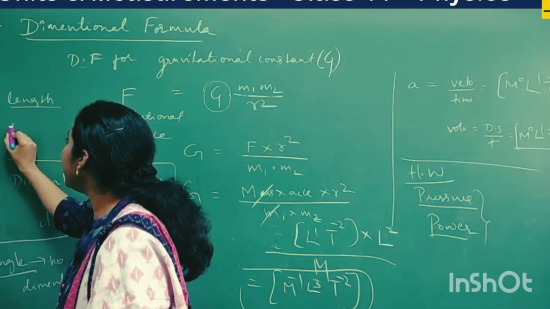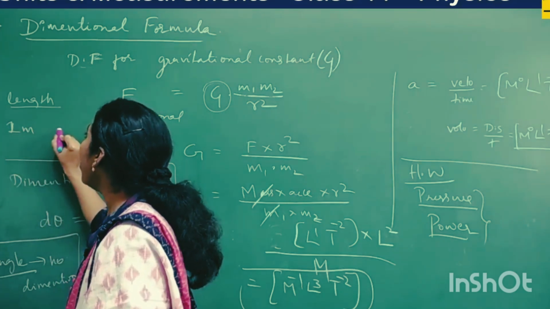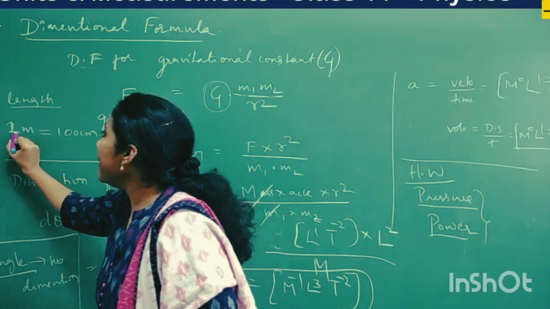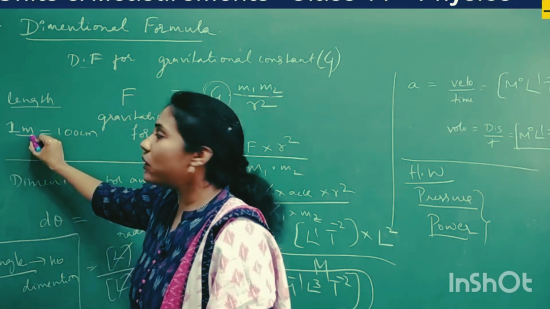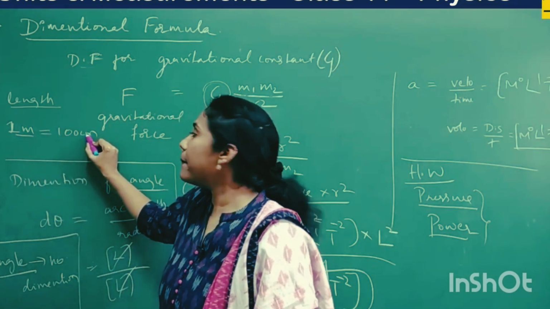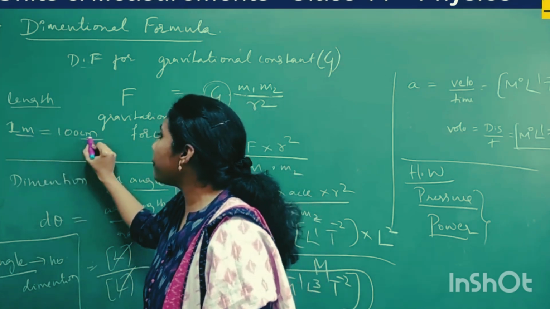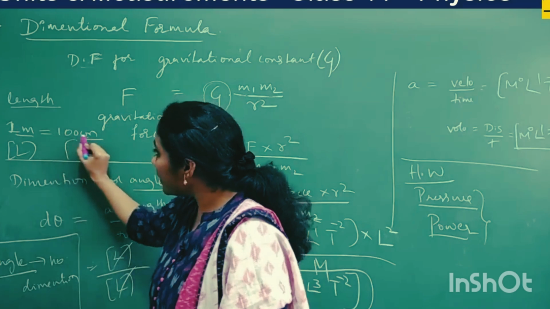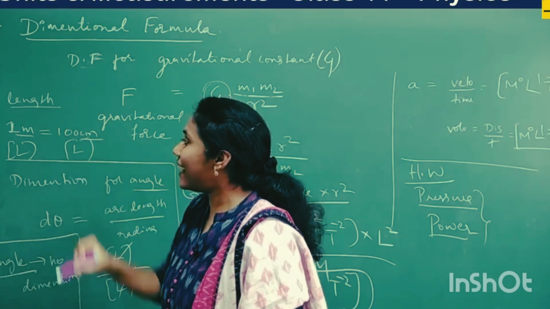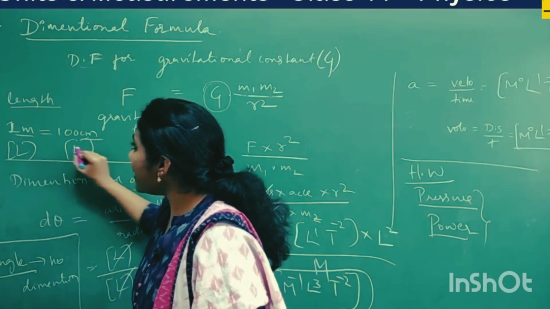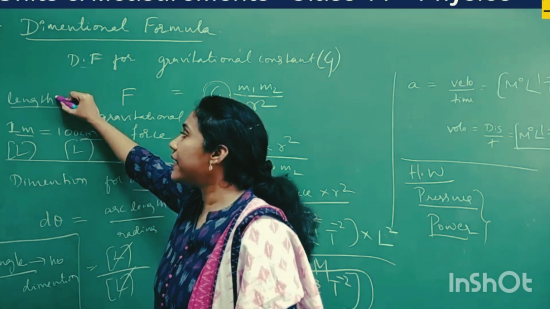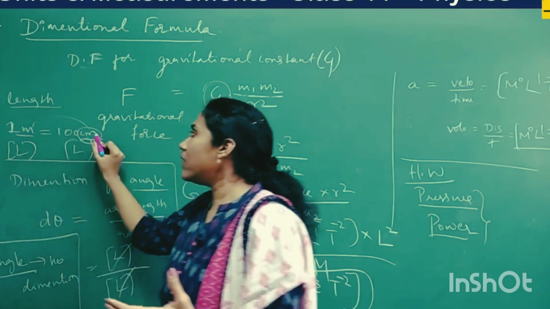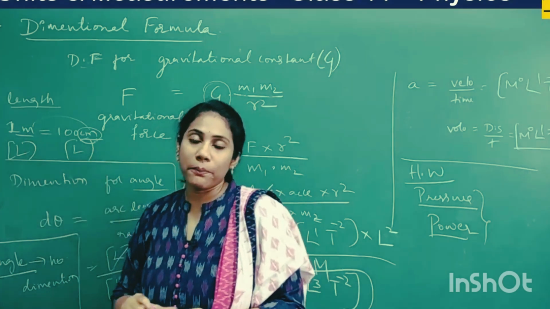I can write it as 1 meter, or I can also write this as 100 centimeter, right? Meter is talking about length, centimeter is also talking about length only, but the units are different. But what is the dimension? Here the length dimension is L, and in this measurement also the dimension is L only. So dimension can be the same for a physical quantity, but units can be different, and units can always be converted from one form to another, right?